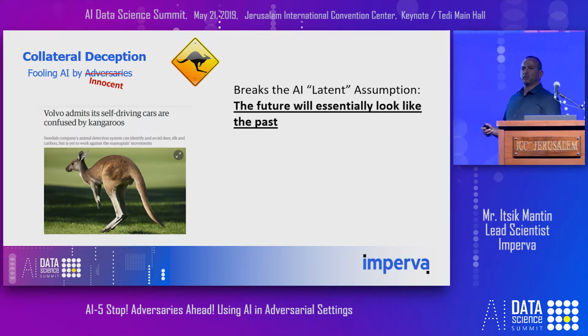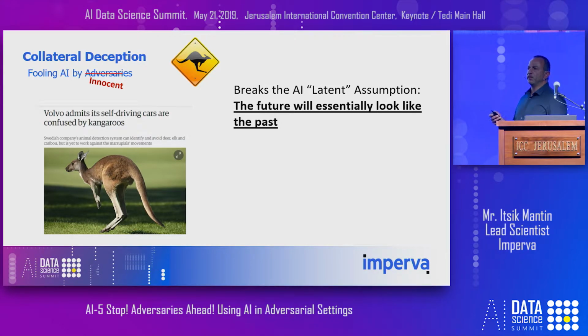I'll start with a very unique example. I think it was almost 2 years ago, I saw an article saying that Volvo admitted that their self-driving cars were confused by kangaroos while they were doing a pilot in Australia. And the question was, why did that happen?